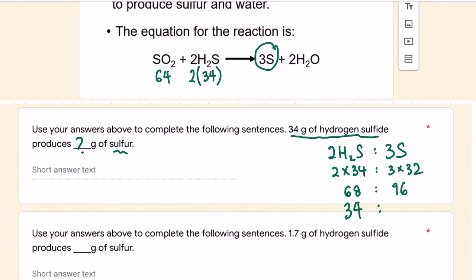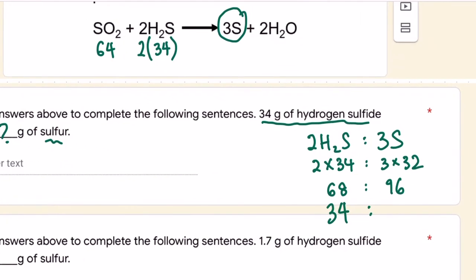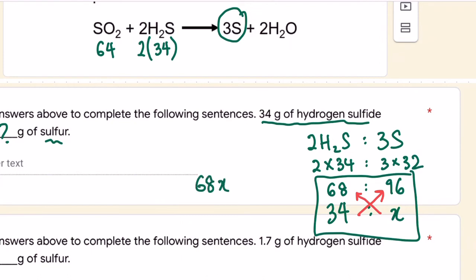If you have 34 grams of hydrogen sulfide, how many grams of sulfur would you get? So therefore I need to put an X. So you just focus on this box and do your cross multiply. Okay, so when you do your cross multiply, make sure you make the subject correctly, multiply at the correct places.